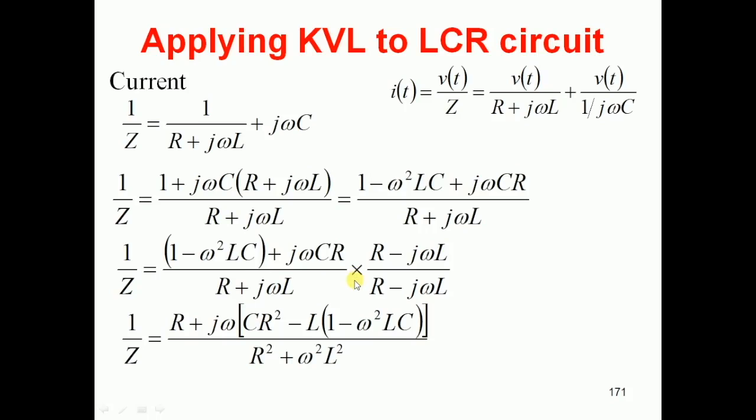To leave our equation unaffected, we have complex conjugate of the denominator term multiplied and divided, so that in the denominator we have R square plus omega square L square, and here you have to again pick up a piece of paper and pencil and simplify, and you can pause the video, and by that calculation you will appreciate that on the numerator we have R plus j omega times CR square minus L inside bracket 1 minus omega square LC.